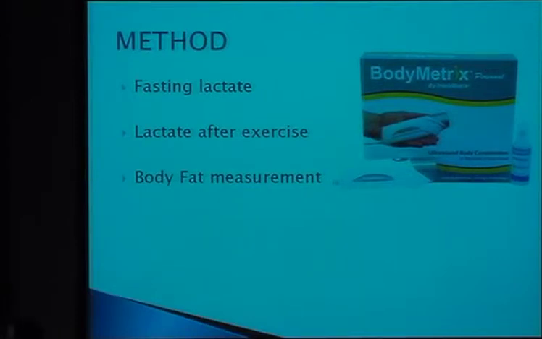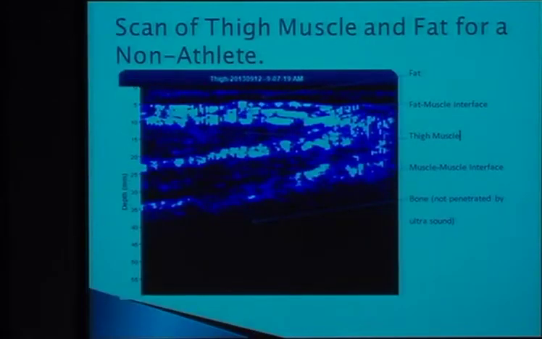We also took a blood sample from these athletes to compare their serum lipid profile. So we sent the blood to the lab and had the analysis done for both athletes and non-athletes.